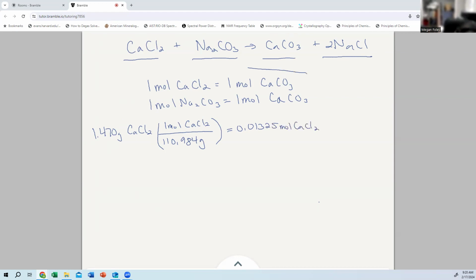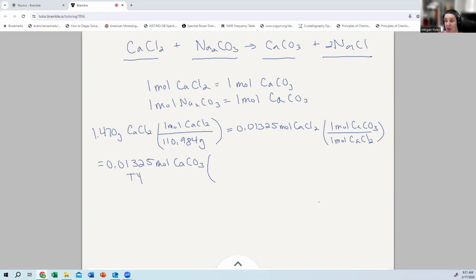And we know, again, 1 mole per 1 mole. So 1 mole of CaCl2 is 1 mole of CaCO3. And then this would be our theoretical yield, how much we can theoretically make.